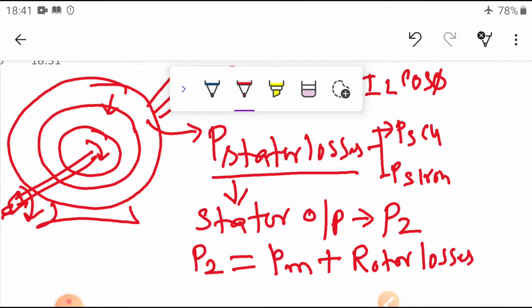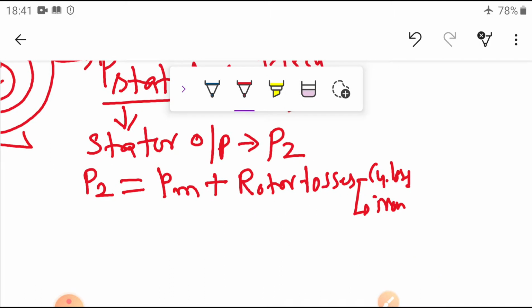Here we are assuming only copper losses. We are neglecting the iron losses of the rotor because the frequency is very low. Now what happens here? The P2 is equal to the total mechanical power developed in the form of mechanical energy plus the P copper in the rotor in the form of heat energy.